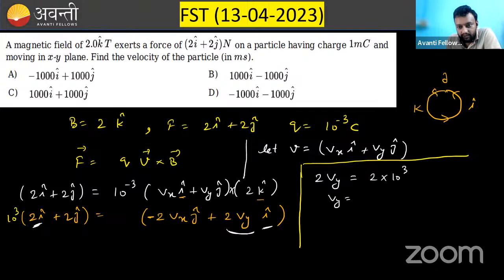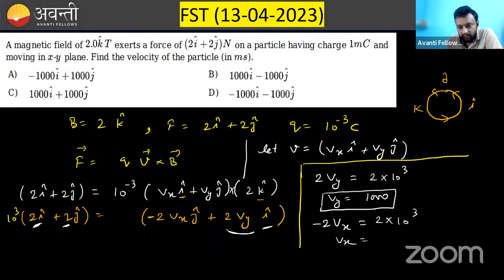So Vy is equals to 1000. Similarly, if you compare the components of J cap, that means minus 2Vx is equals to 2 into 10 raised to the power 3. So Vx is equals to minus 1000.